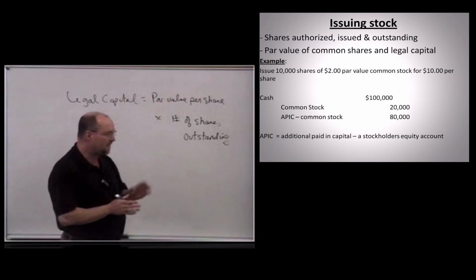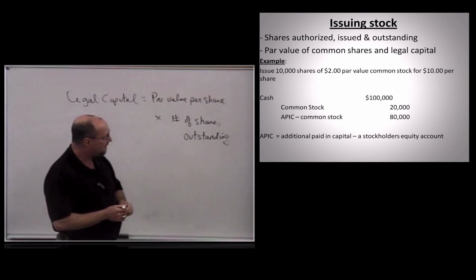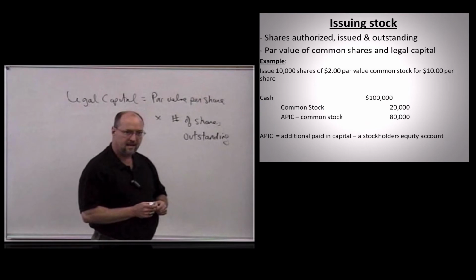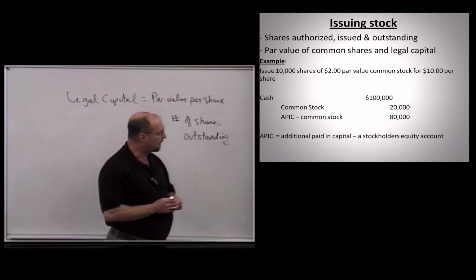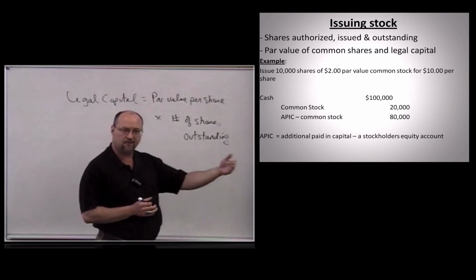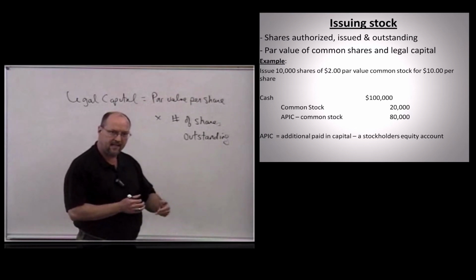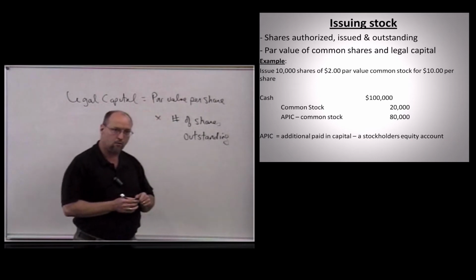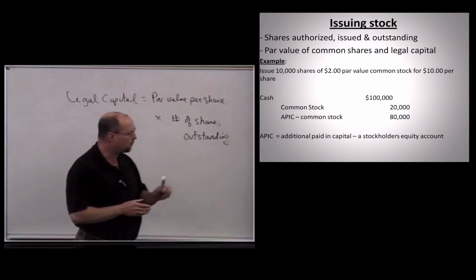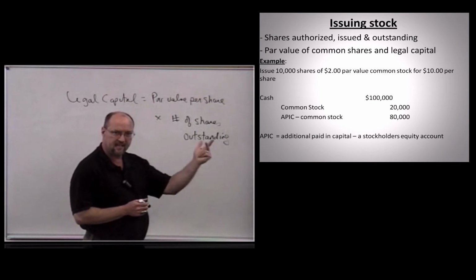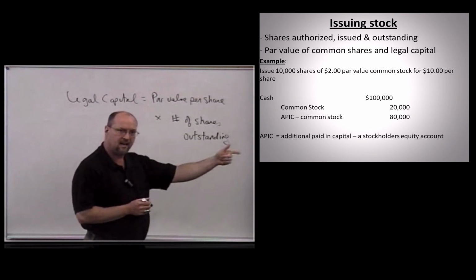So let's just break that number 80,000 down. If I sold each share of stock for $10 per share, and the par value is $2 a share, then $8 per share is in excess of par value. Paid in capital in excess of par value, this account, which is a stockholders' equity account, is more commonly called additional paid in capital, APIC.